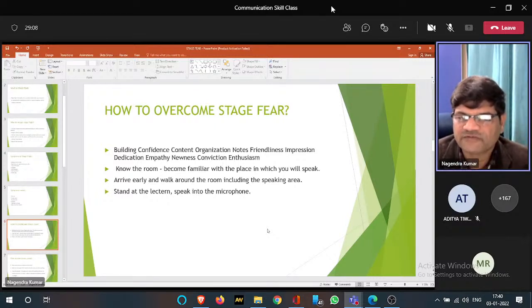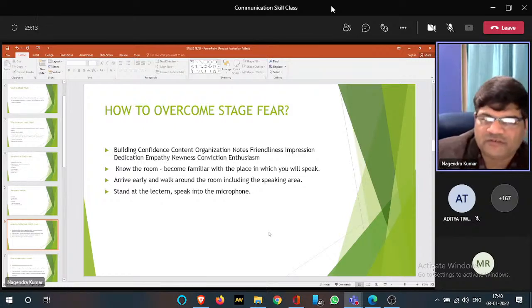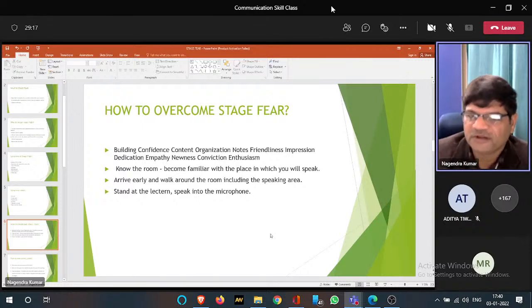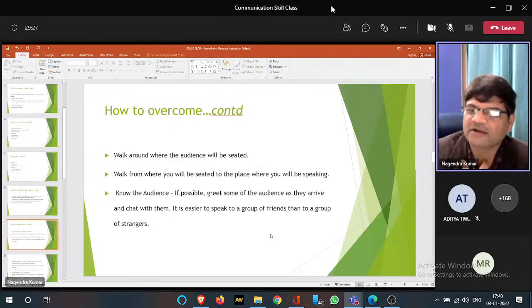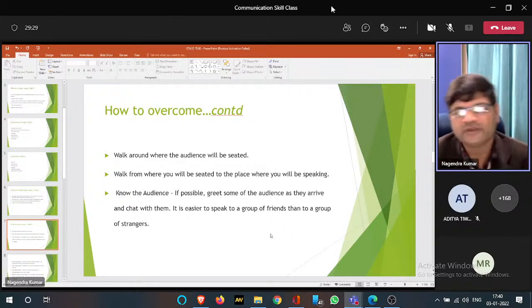Stand at the lectern, speak into the microphone, and check. I mean, this is not always possible, but if it is possible, you are advised to do that. Then you can also look at the audience area and take stock of how the stage looks from there.